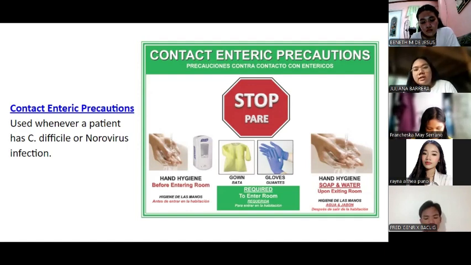So this is the contact enteric precautions. Actions to be taken under contact enteric precautions: hand hygiene before entering the room, gown and gloves are required to enter the room, and the use of soap and water for hand hygiene upon exiting the room.